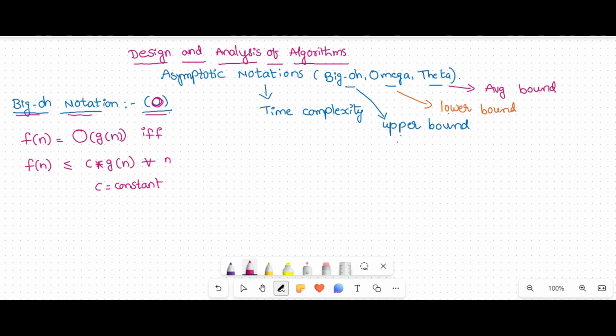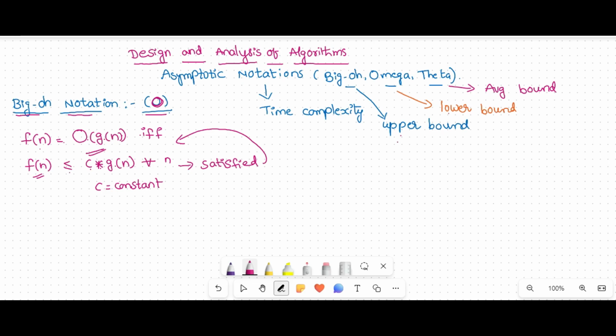Now, what is the meaning of this? f of n equals big O of g of n if and only if f of n, whatever the function may be, is less than or equal to some constant into g of n. If this is satisfied, then we can say that f of n equals big O of g of n.